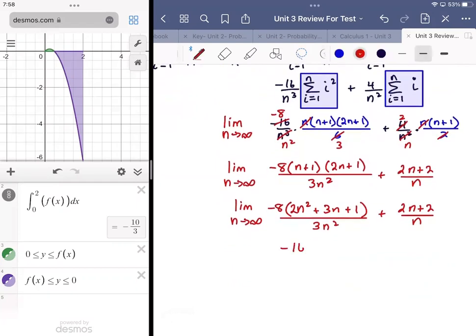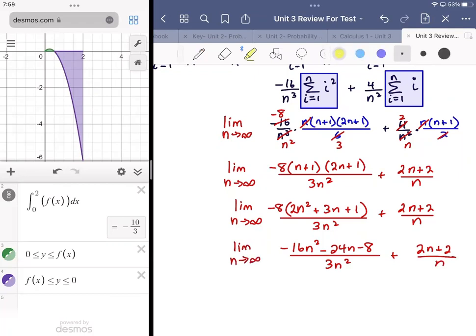So negative 16n squared minus 24n minus 8 over 3n squared plus 2n plus 2 over n, and you have your limit as n approaches infinity. So using whatever rules you like, whether it's L'Hopital's rule or just basic limit rules, you can find the limit of each part of this.